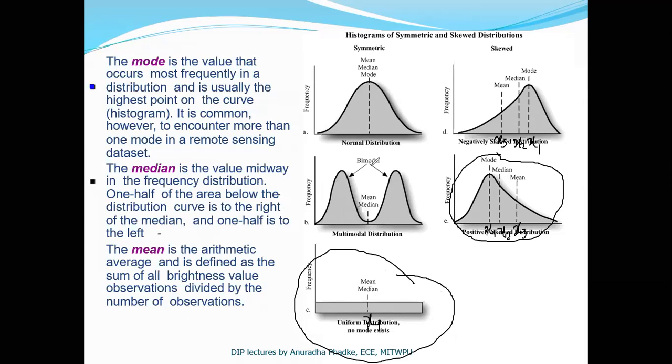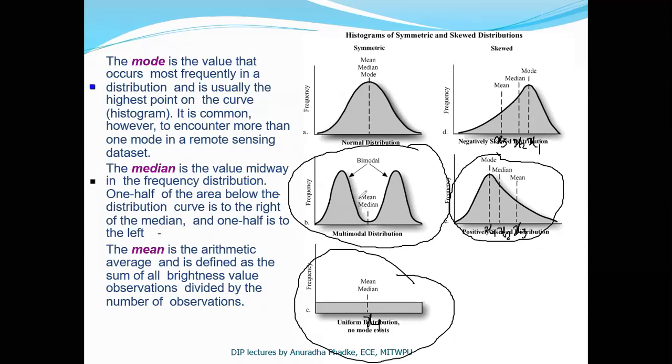Now, as compared to these other histograms, look at this particular histogram. It is different. This is a multimodal distribution. If you look at the very first histogram, there is a single mode value, right? There is only one gray value which is occurring the highest number of times.